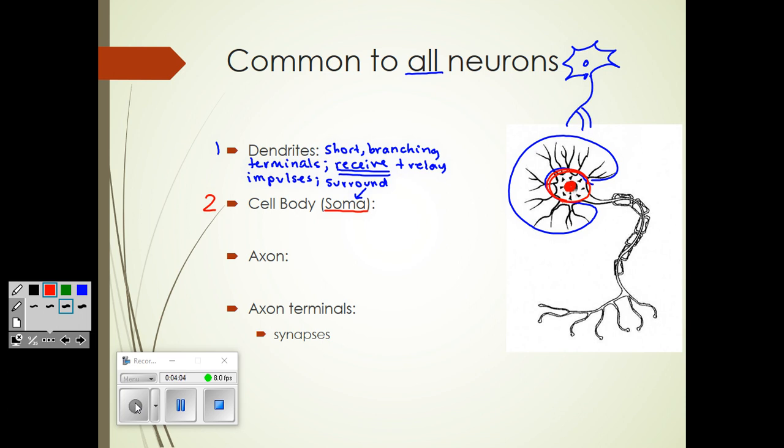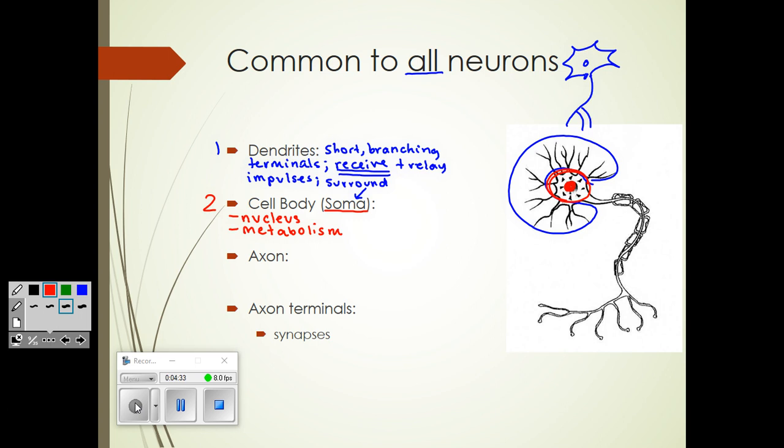So in the cell body, that is where the nucleus is. That is also where any sort of metabolism that's going to happen in the neuron occurs. So neurons, like any other cell, need to stay alive. And so in the cell body, that is where reactions that would, say, break substances down, produce wastes, generate energy, all of that stuff would happen in the cell body.